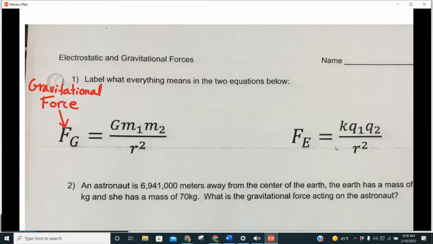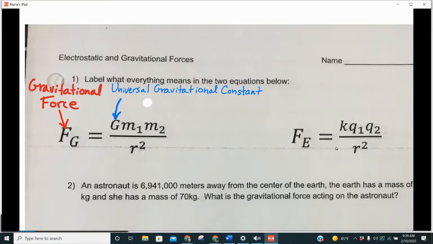This G. This G is the universal gravitational constant. The universal gravitational constant is going to be the same for everything.